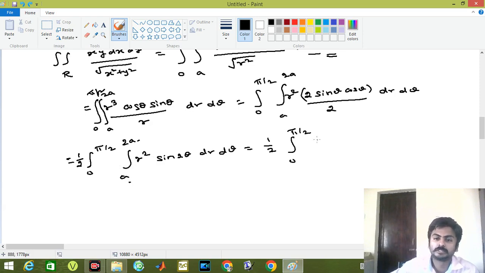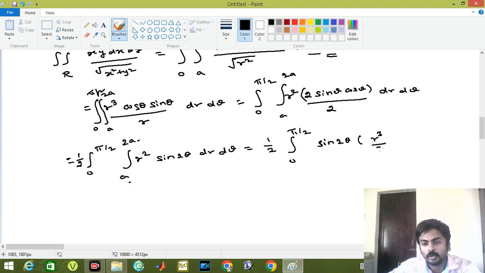So you please write like this: the remaining terms are constants, so you can take it outside, that is sin 2 theta into this r square integrating, you will get r cube by 3. The limits are a to 2a into d theta. So that is equal to 1 by 2 into the integral 0 to pi by 2 sin 2 theta.